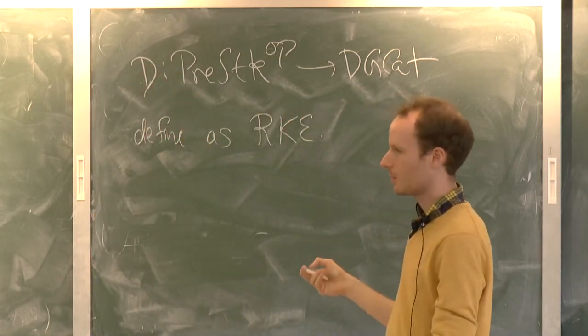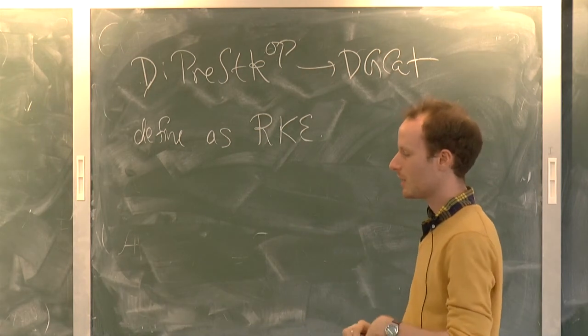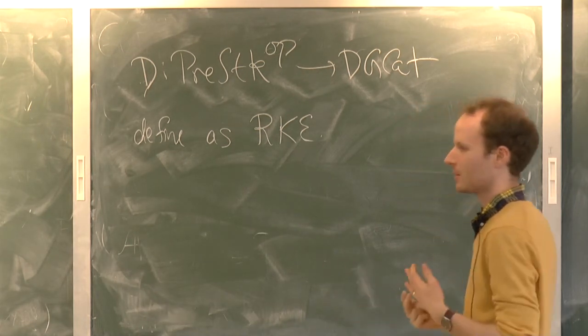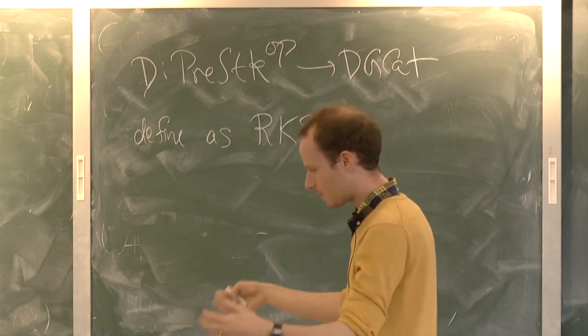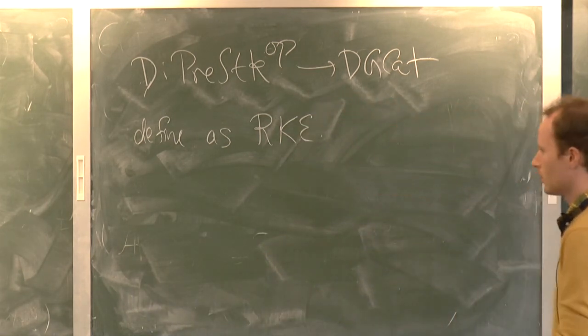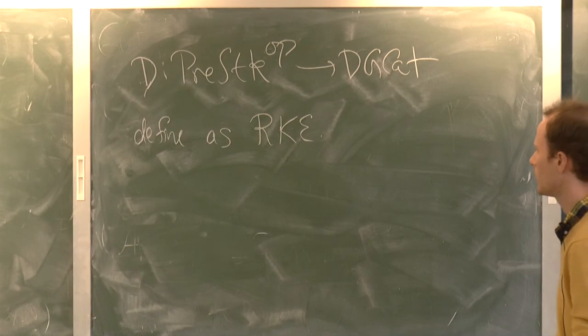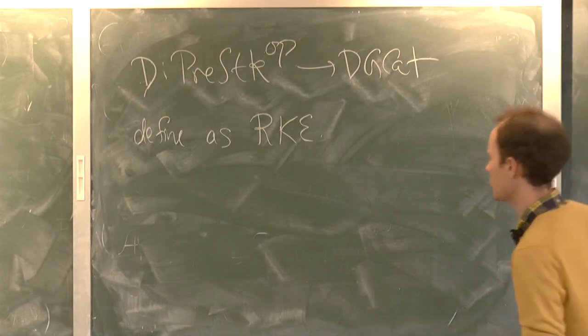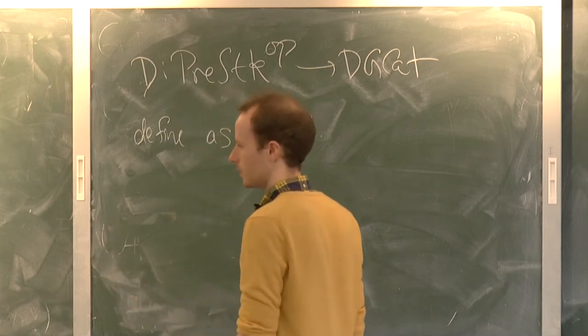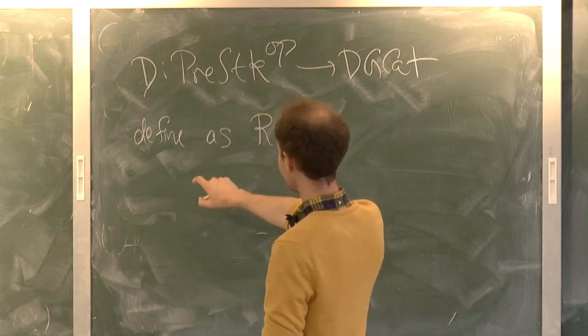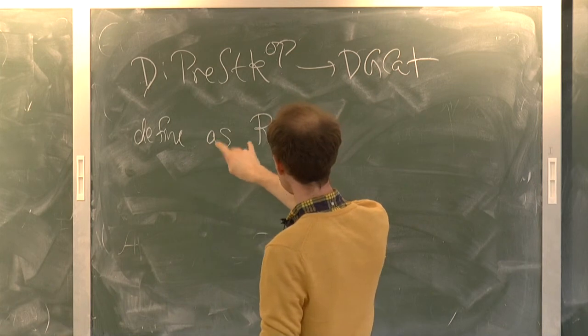In general, well, no. On A infinity, I'm sure there is, and you can describe it in very classical terms. In fact, in more generality than A infinity, you can define it as the right Kan extension.